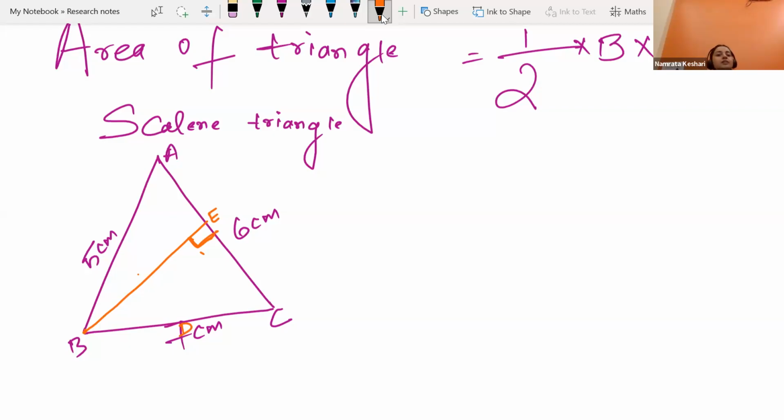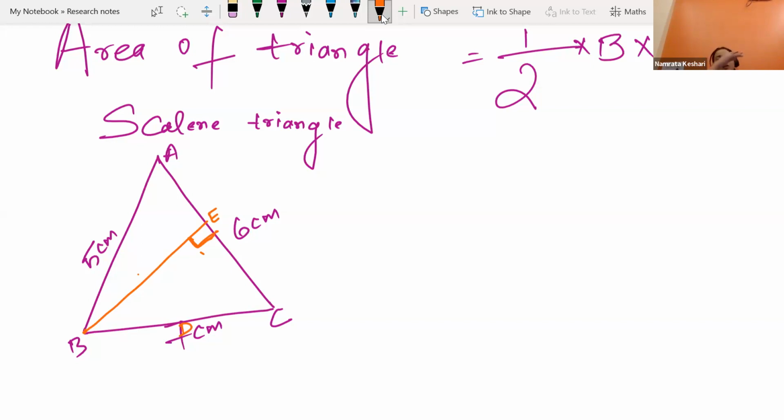If I ask you, Tejas, what is the base over here? Can you tell me?